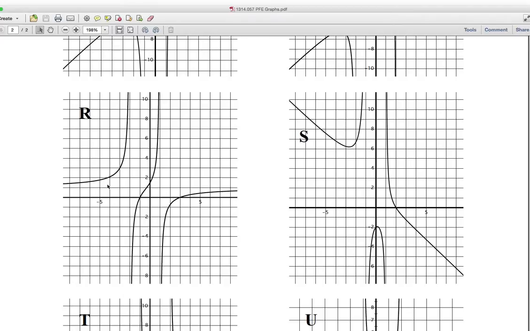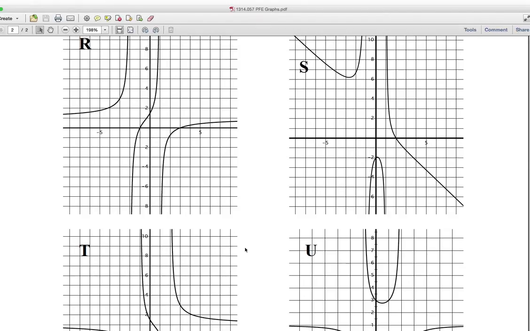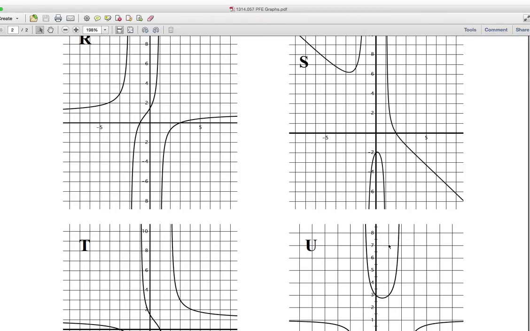This one has a horizontal asymptote at 1, so we'll keep that in mind. This one, T, has a horizontal asymptote at 1, and so we'll keep that one in mind as well. And finally, this one, graph U, has horizontal asymptote at 1, and so we'll keep that one in mind as well.